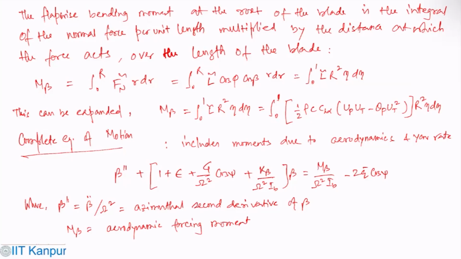Now, this equation is expressed in terms of azimuthal derivative, which we will discuss further, because once we write it in terms of beta double prime, it would be easier to solve.